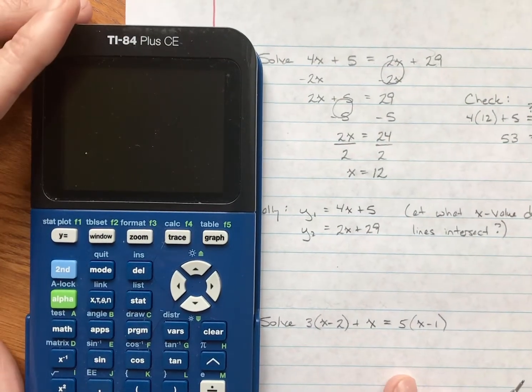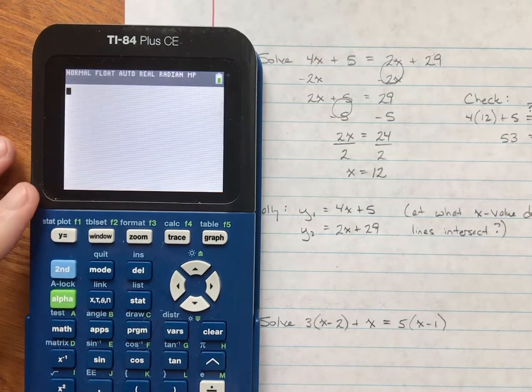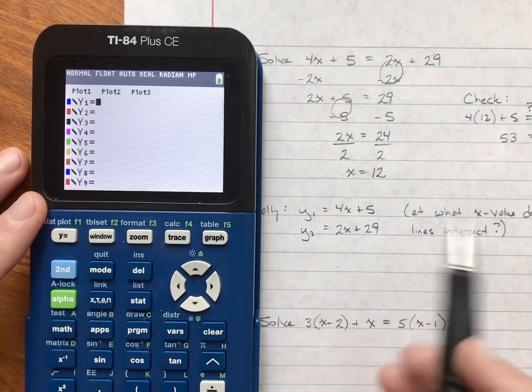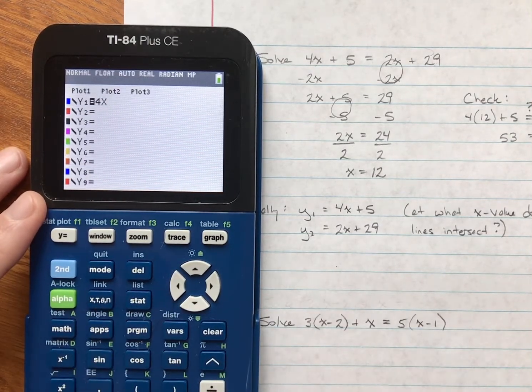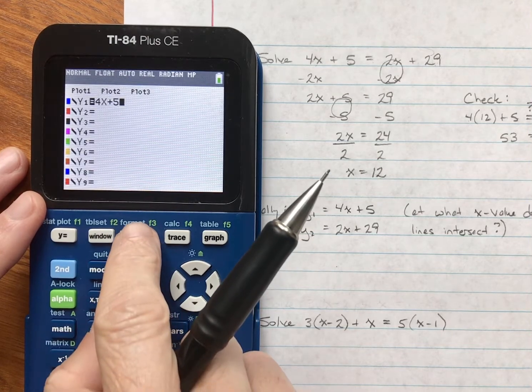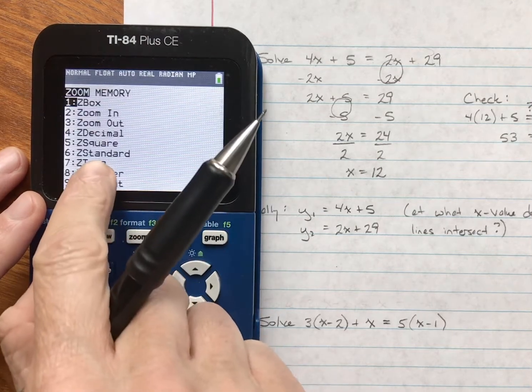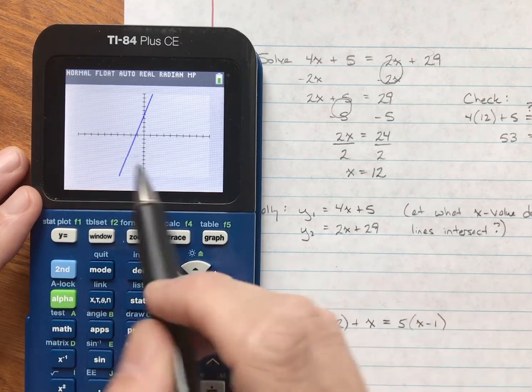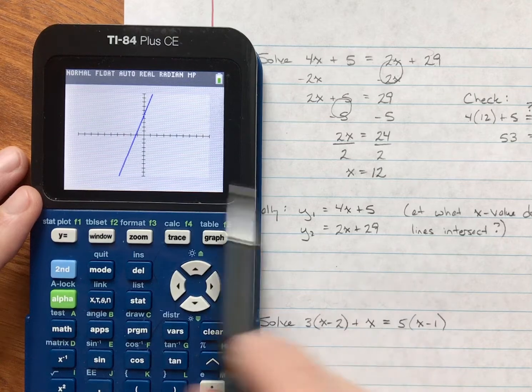Okay, so my graphing calculator. I'll go into my y equals button, top left here, and y1 is 4x plus 5. And that's a line. I always press zoom and go to standard, which is number 6 here. And you can see there's 4x plus 5 right there. So that's our blue line.